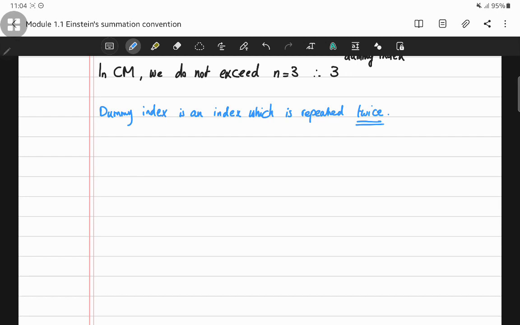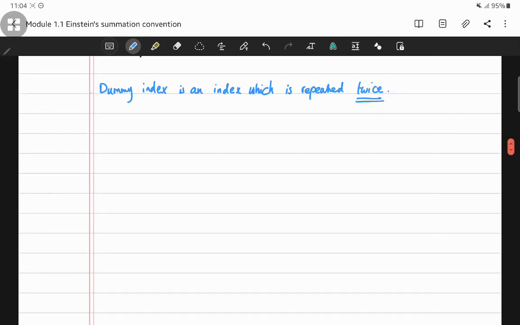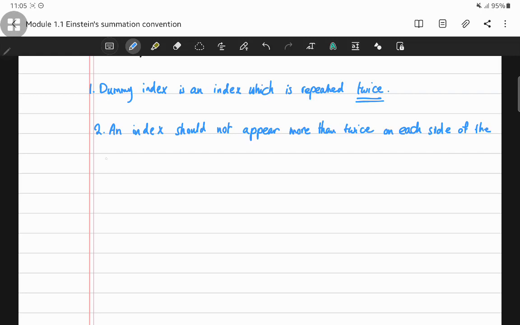And this is quite important because in the second part, we also agree that an index should not appear more than twice on each side of the equation.